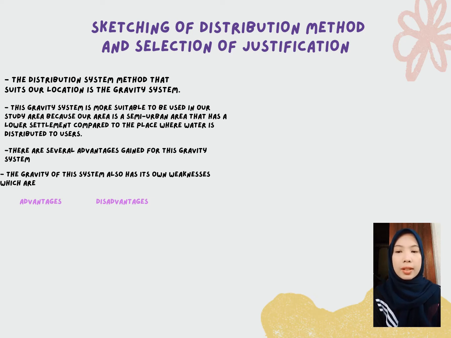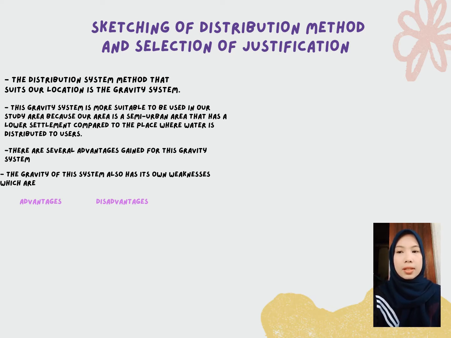Users at the end of the distribution system will receive less pressure than users at the beginning of the system. In addition, the pressure of this gravity system must always be controlled so that it is not too high, because if the pressure is too high, it will damage the distribution system.